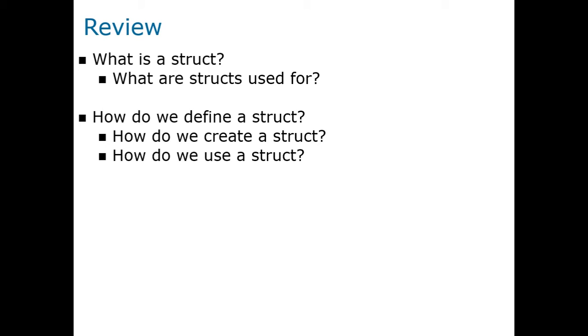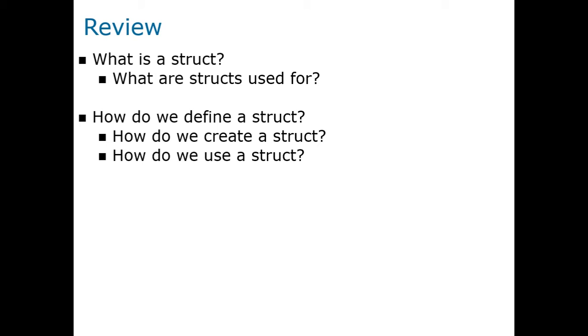An arrow operator. What's the difference? When do we use dot? When do we use arrow? This is one that people often struggle with when they first see structs. What did we talk about on Tuesday? What was the main topic on Tuesday? Pointers. Oh, yeah. You were hoping we wouldn't bring that one up, weren't you?